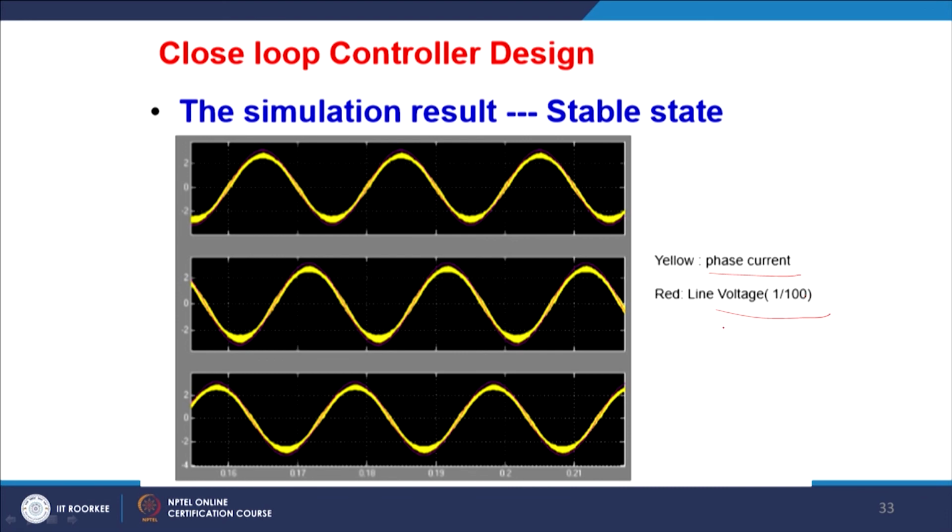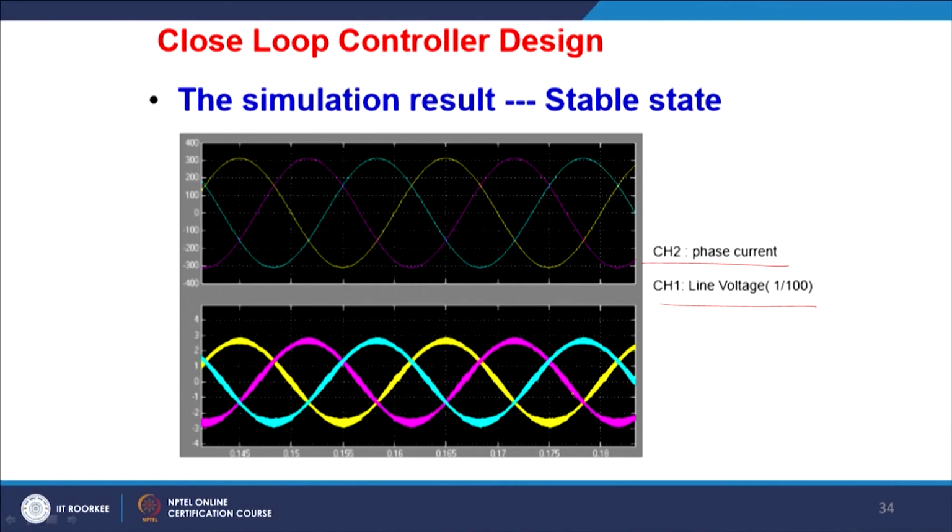So, this will be your voltage and they are in the same phase, that is what we have simulated. Of course, you can have a phase lead or phase lag; other options are possible. This is the 3 phase current, and the upper one is the phase voltage and the lower one is the phase current.